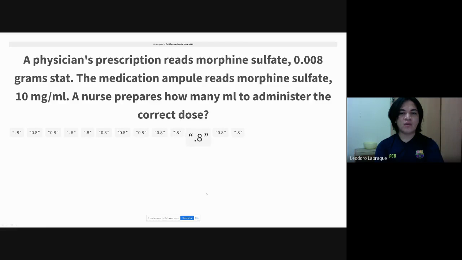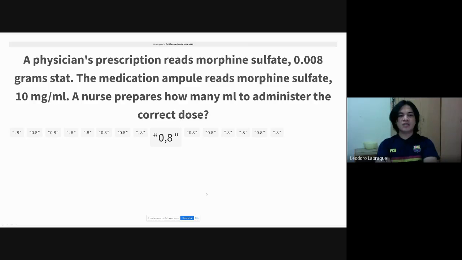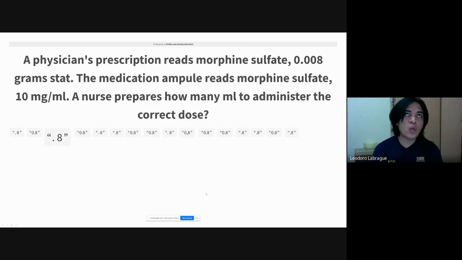It seems that most answers are 0.8. I cannot see any other answers. So it seems that the answer is 0.8. Okay, I'm going to call one student.